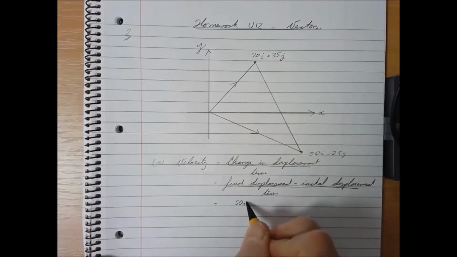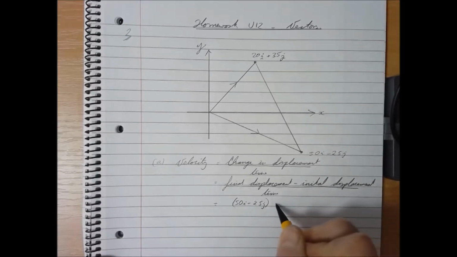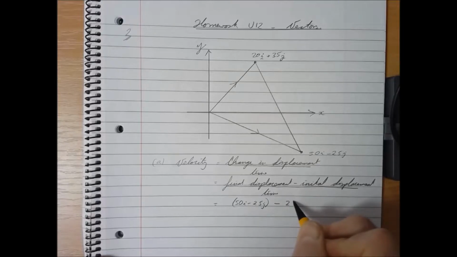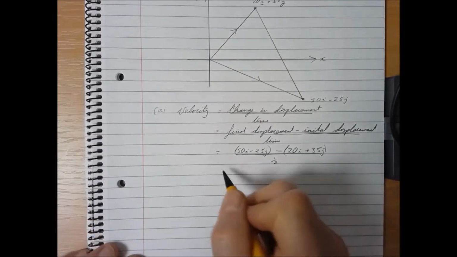And the final displacement is 50i minus 25j, minus the initial displacement, which is 20i plus 35j, divided by the time, which is 1/2. So now just sort this out.